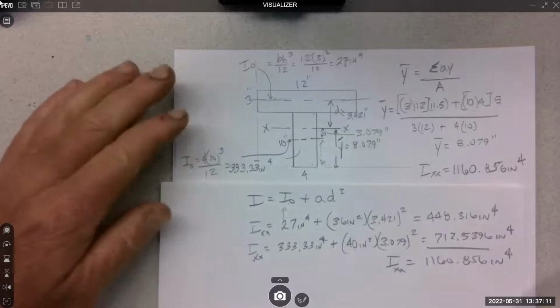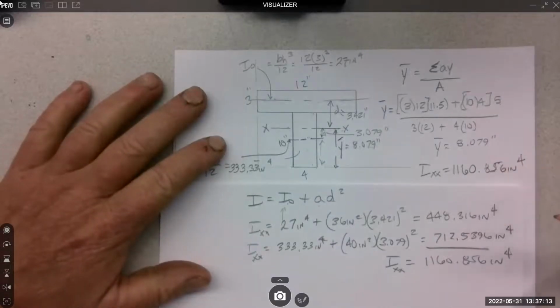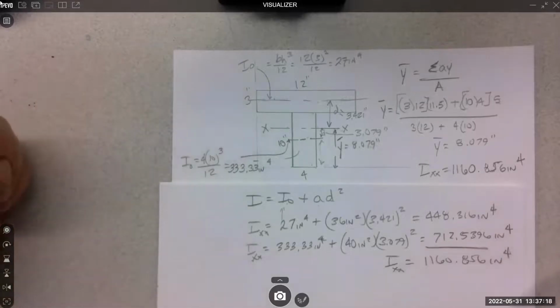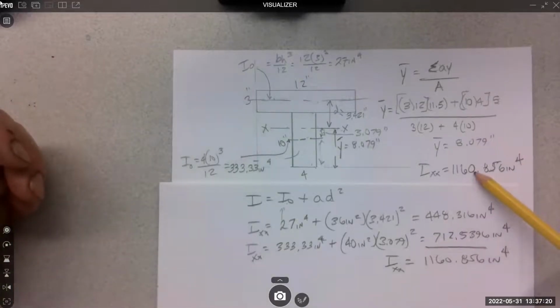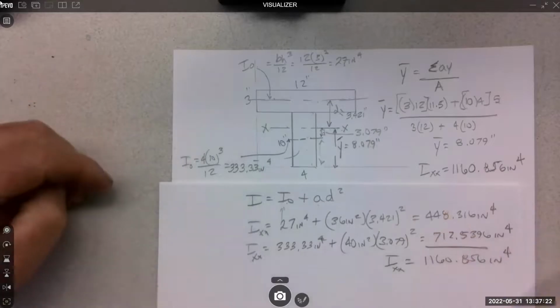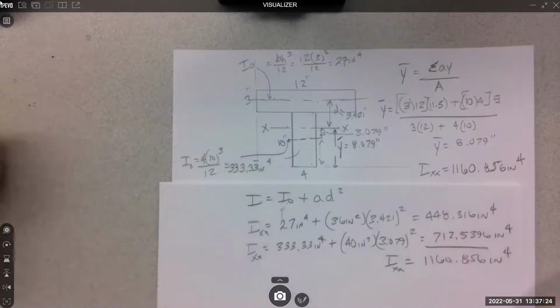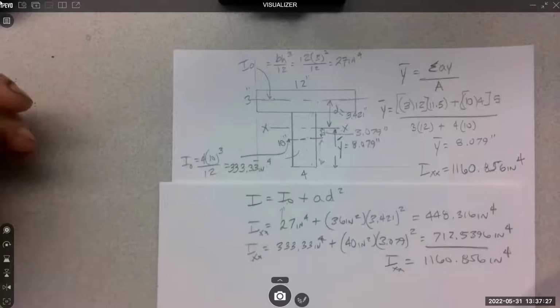All right. I wrote it up on this page, so we'll have it. Once you get those two things, you've got Y bar, you've got the inertia. We could get the area of the whole thing easy enough. So you have everything you need to work your way towards MC over I. That's bending stress.